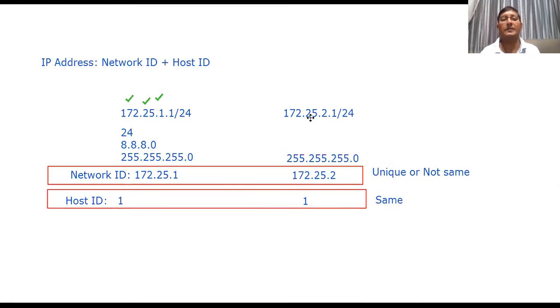That's why we are using the 172.25 series with /24 in our lab. These are all machines connected to the same network, but based on your network ID, every system is in a different network.